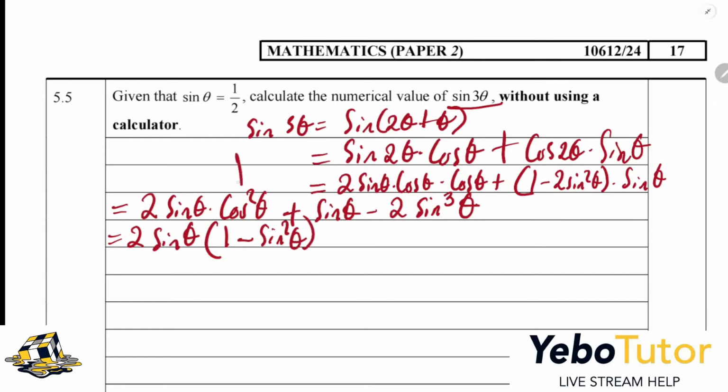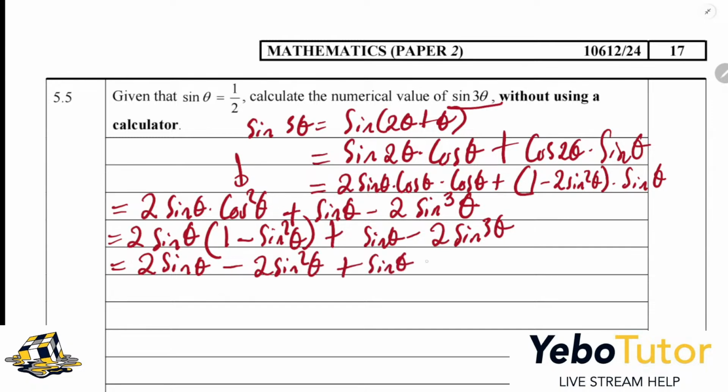To change cos squared theta, we can change that to 1 minus sine squared theta. So we have 2 sine theta times (1 minus sine squared theta) plus sine theta minus 2 sine cubed theta. That will be 2 sine theta minus 2 sine cubed theta plus sine theta minus 2 sine cubed theta. This will now be equal to 2 sine theta plus sine theta.